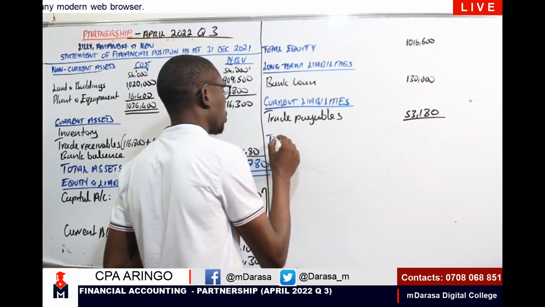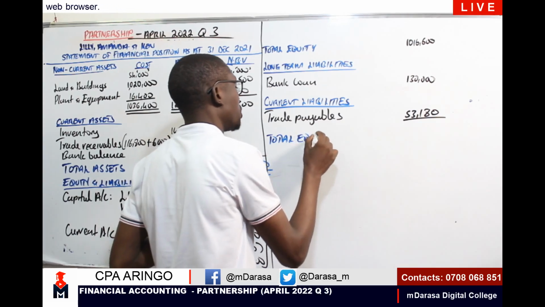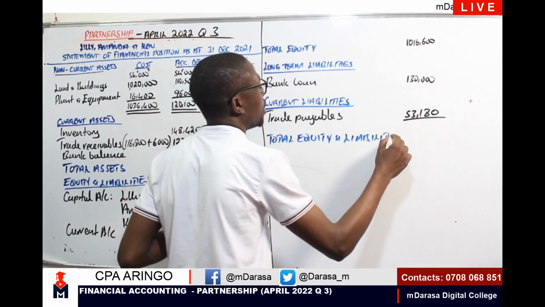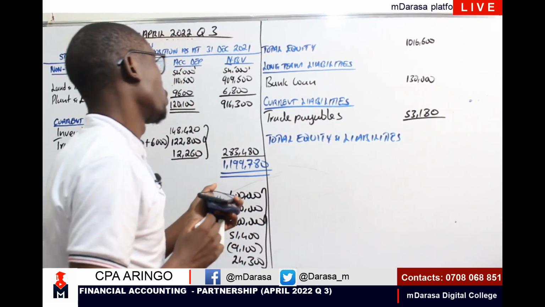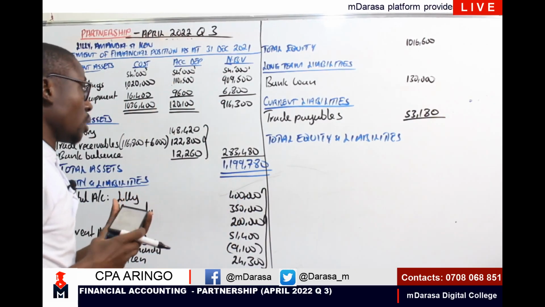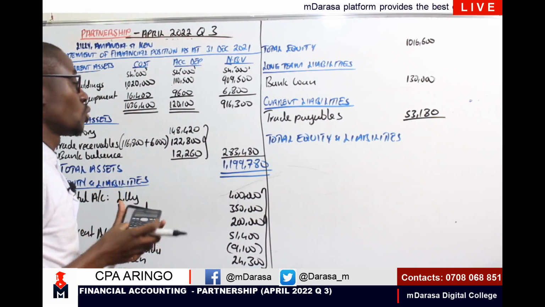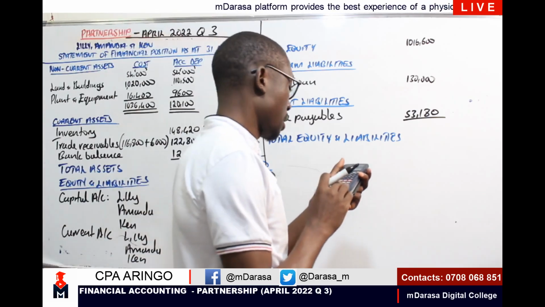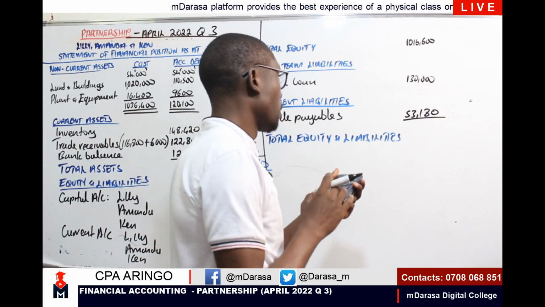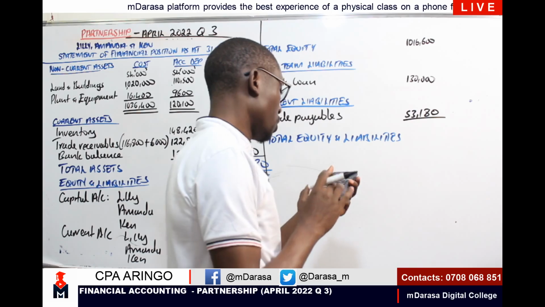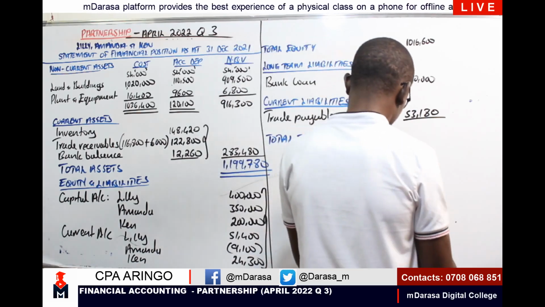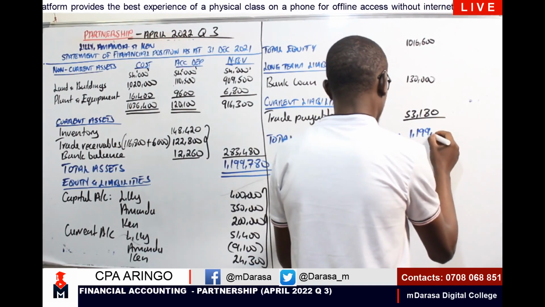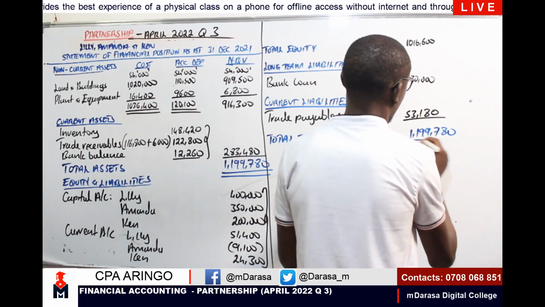So I'm having our total equity and liabilities, where we should be talking of, from the top there, total equity which was 1,016,600 plus 130,000 plus 53,180 to give us a figure of 1,199,780.